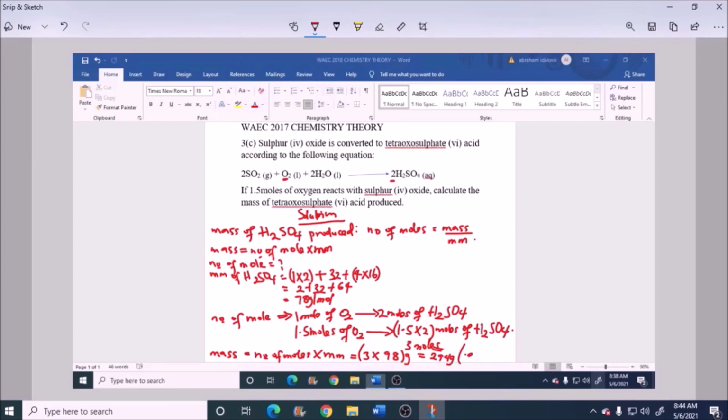Don't forget that the unit is gram. We have 3 moles multiplied by 98 gram per mole; mole cancels mole, leaving only gram. So our answer is 294 gram. That is the mass of hydrogen tetraoxosulfate(VI) acid produced.